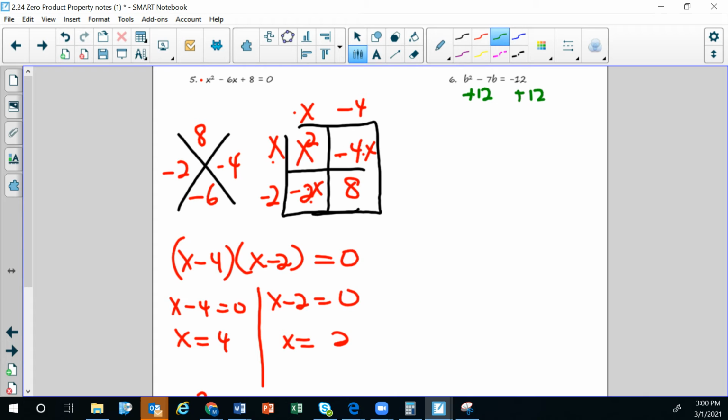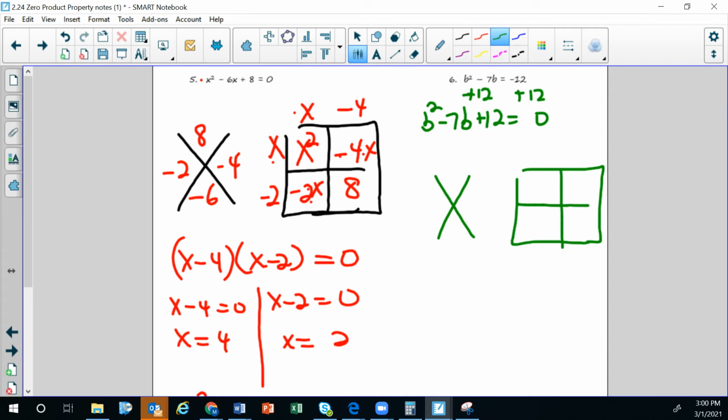And so on the right side, I'm going to get 0 because negative 12 plus 12 is 0. On the left side now, I'm going to get b squared minus 7b plus 12. Now that is in the format I'm looking for, where the equation is set to 0. Let's go ahead and solve this using the x box.